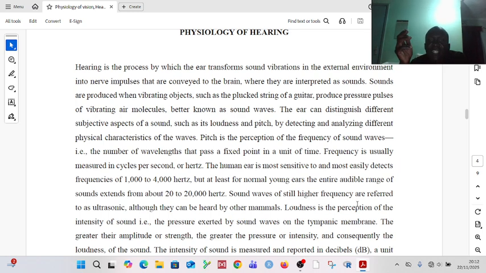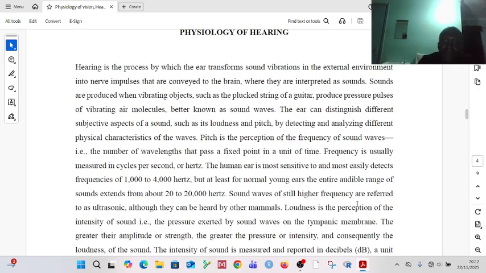So the human ear, for example, is most sensitive and will mostly detect frequencies of 1,000 to 4,000 cycles per second. Anything lower or anything higher might not be perceived easily by the human ear.